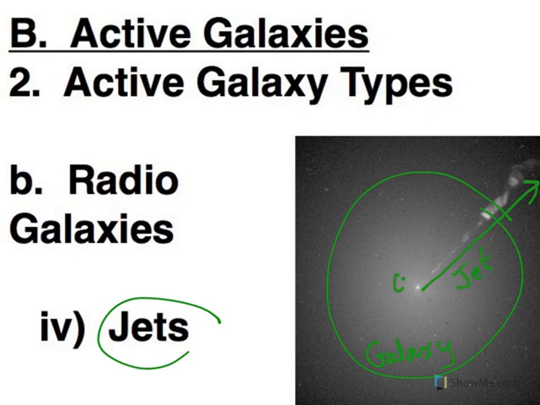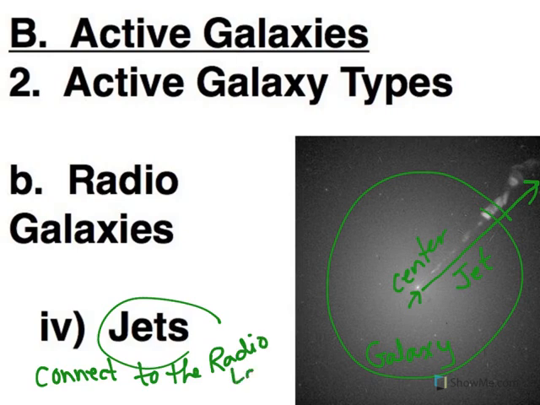So you see it's coming from the center of the galaxy, and something is shooting out of that galaxy. And often we will see the jets connect to the radio lobes. So there is something going on in the radio galaxies that is causing material to be shot out of the center.